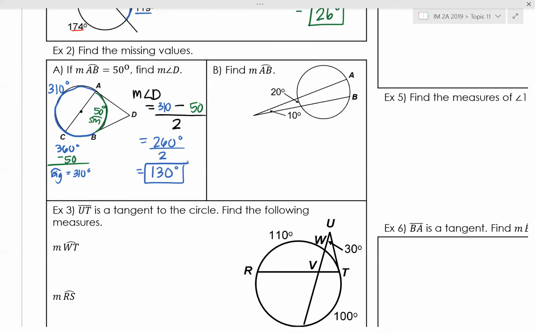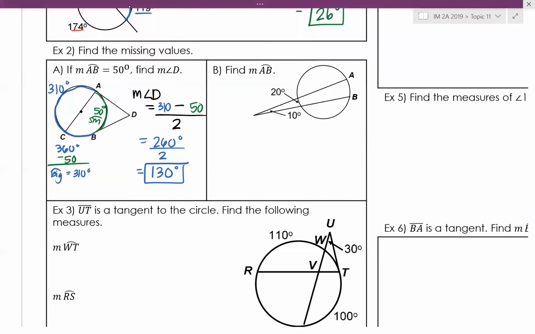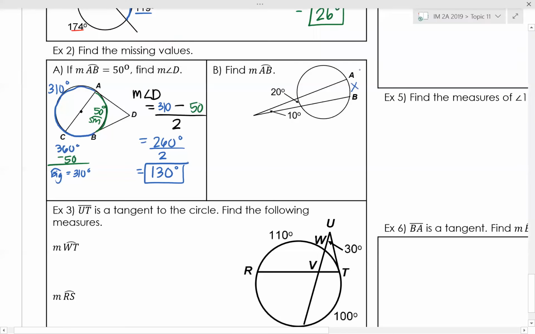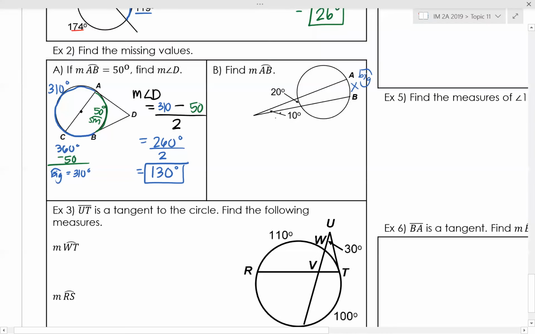Okay, so in B, we're going to find the measure of arc AB. Since it's an arc, I'm going to call that X. If I look at the diagram, that's actually the big arc. I'm going to call the big arc X because that's what we're looking for. The angle is 10, and the small arc is 20.